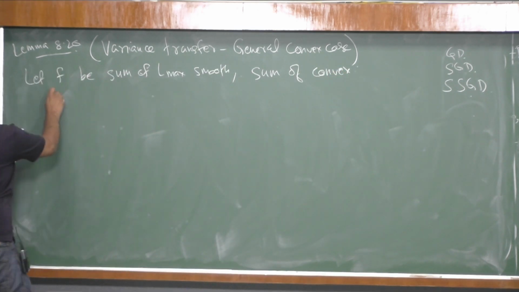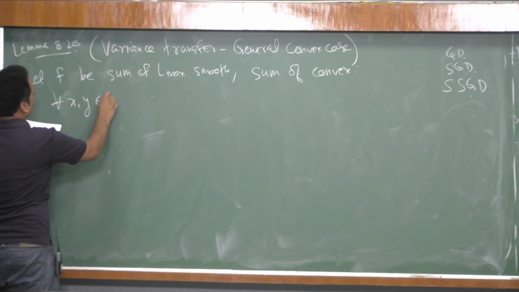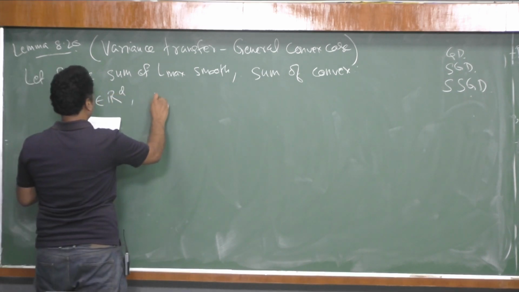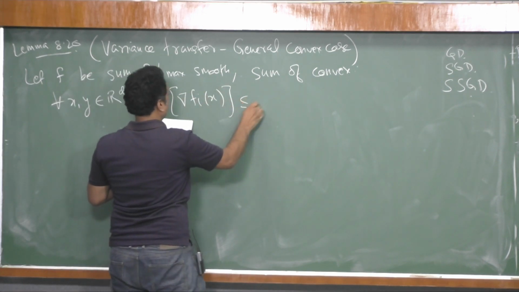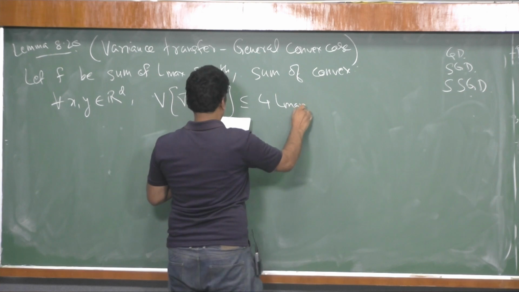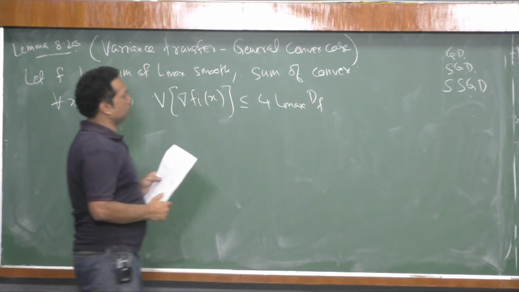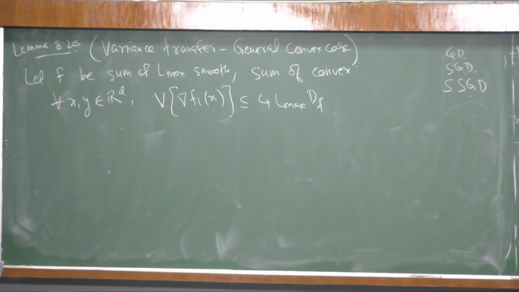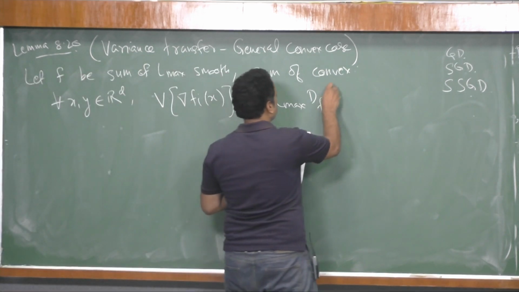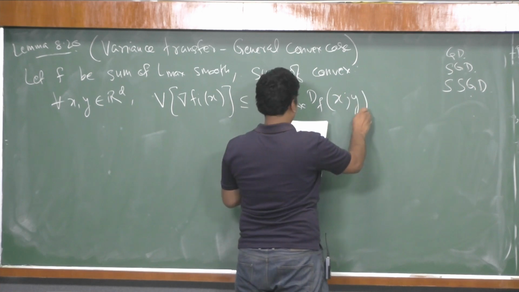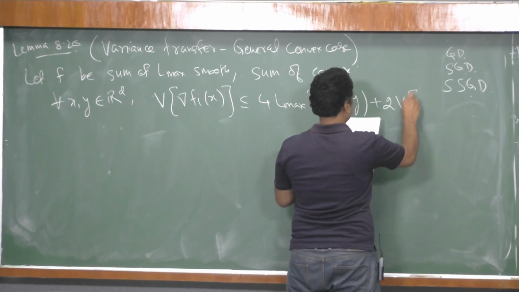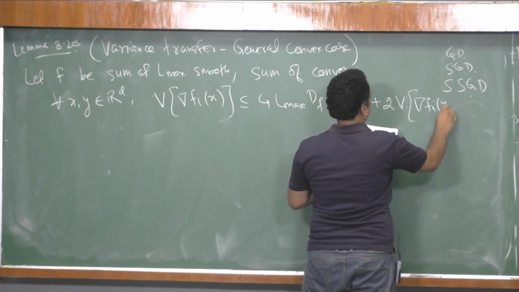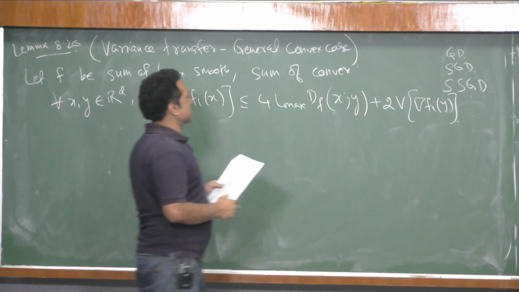Then for every x, y in R^d we have variance of grad f_i(x) is less than or equal to 4 L_max times the Bregman divergence, plus 2 variance of grad f_i(y). Now we are bringing in this Bregman divergence; so far we have not seen this variance transfer. Okay, so this is the result.